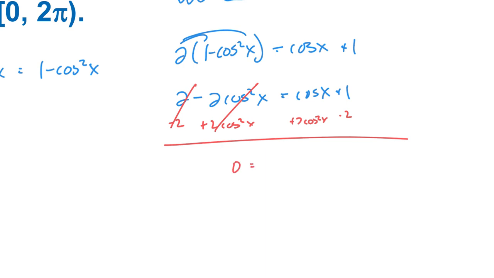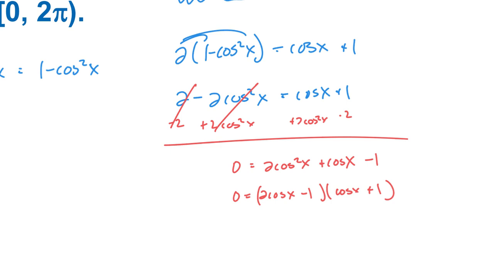And on the right side, we have 2 cosine squared of x plus cosine of x. They're not like terms, so I can't put them together. And then positive 1 and negative 2 gives me minus 1. So now, if we factor, we get 2 cosine of x and cosine of x. And then to get the negative 1 and the positive 1 in the middle, we're going to do minus 1 and plus 1. Okay, and that will give us all the correct terms.